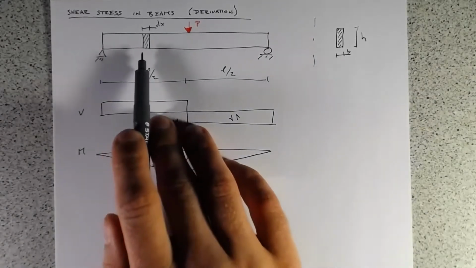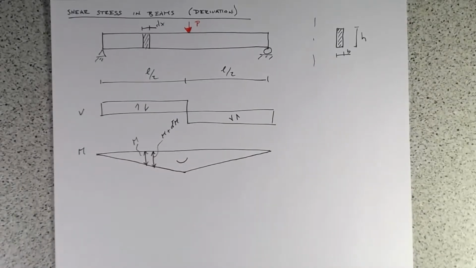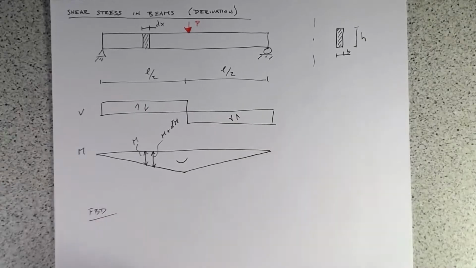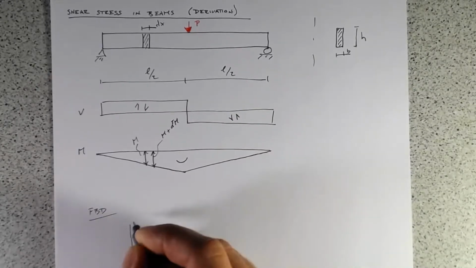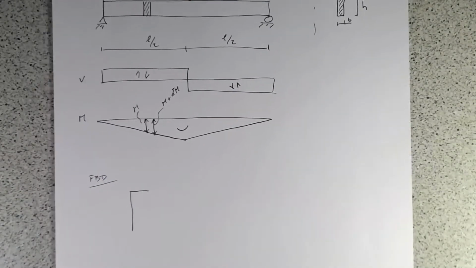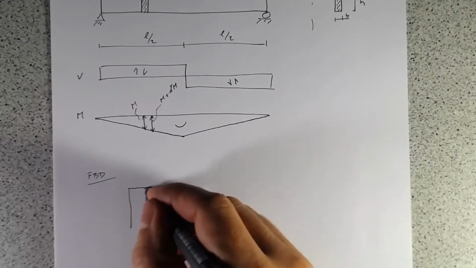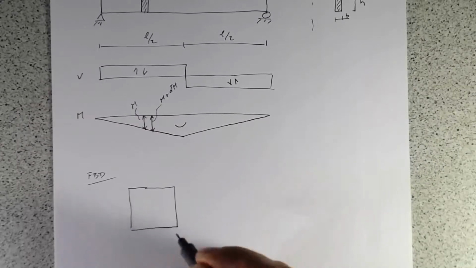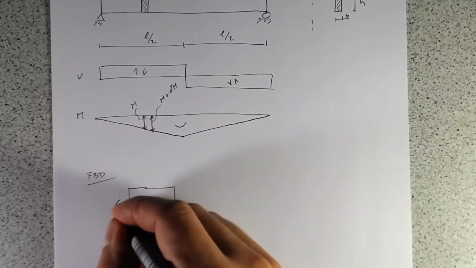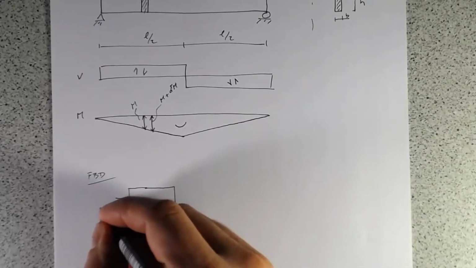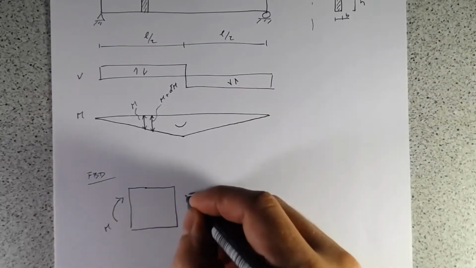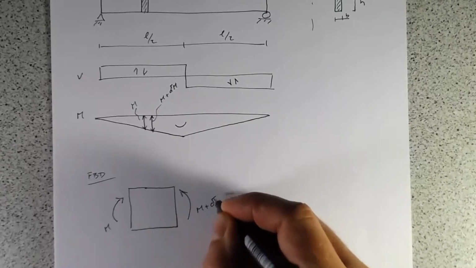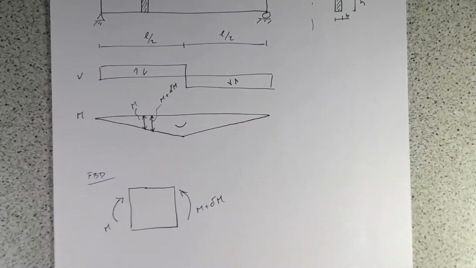And so if we draw the free body diagram of this little block, here's our rectangle here. It has a moment M on one side and a moment M plus delta M on the other side.